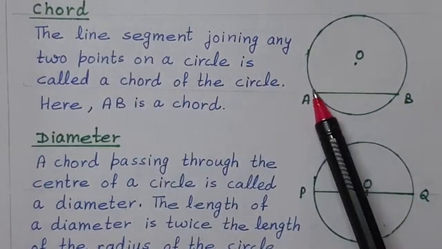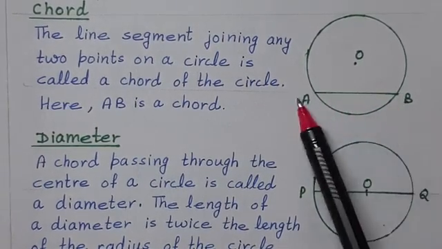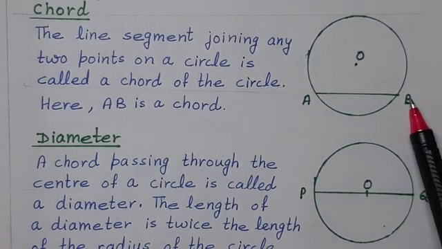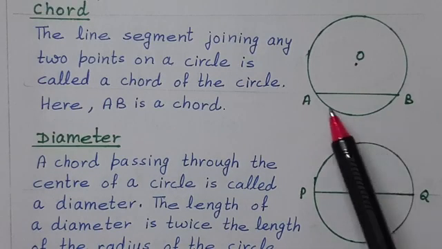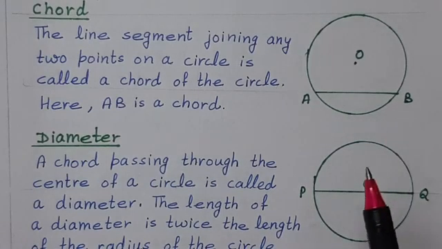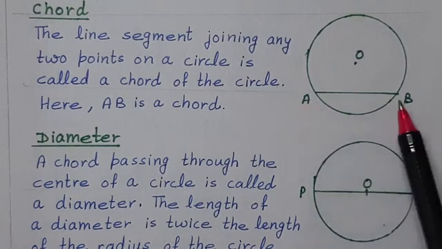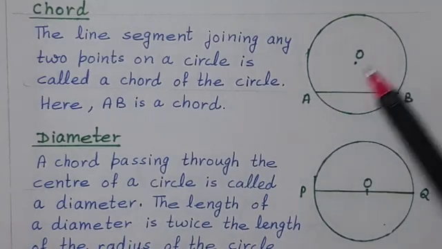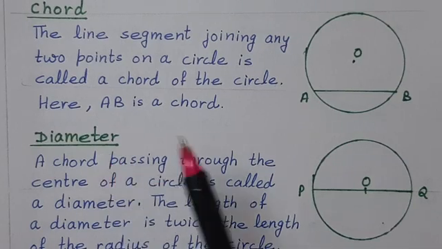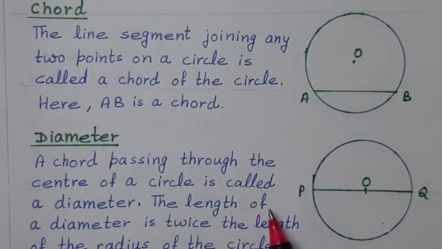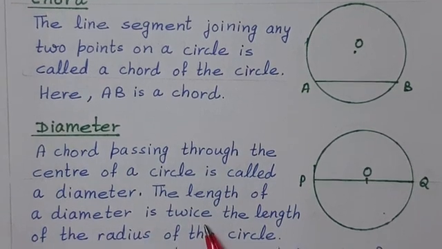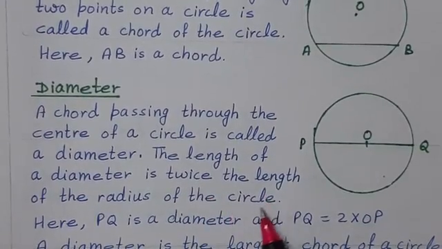The line segment joining any 2 points on a circle is called a chord of a circle. Now students, here AB is the chord of a circle and the longest chord passing through the center of the circle is called diameter. Clear? So, the length of the diameter is twice the length of the radius.